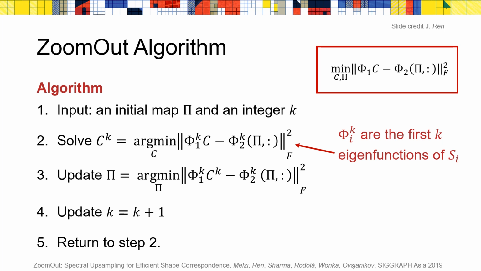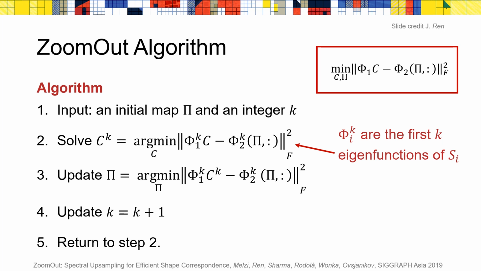So here at step 2, we are using only the first k eigenfunctions of the two shapes, and we obtain a functional map of size k. Then we update the correspondence pi by taking the nearest neighbor, as we did for the standard functional map, but this time we use the functional map estimated at step 2.